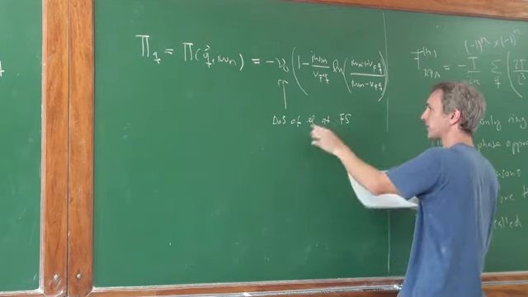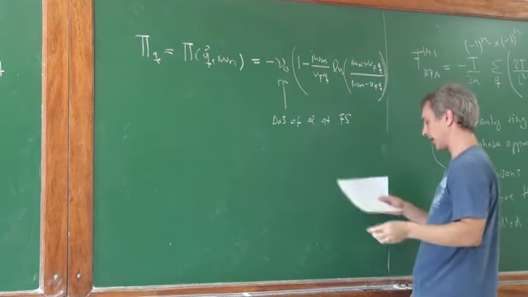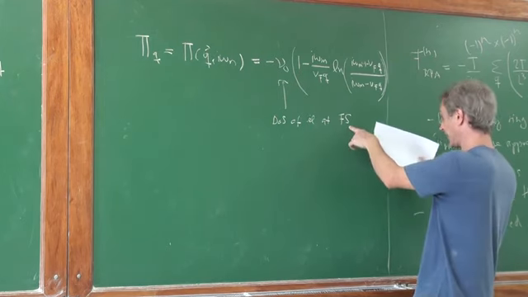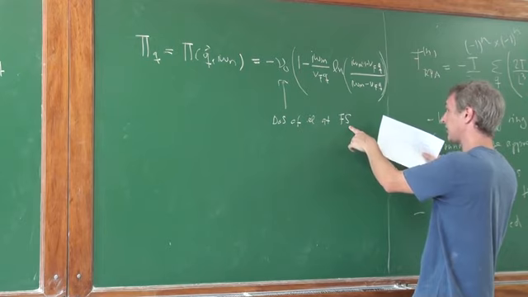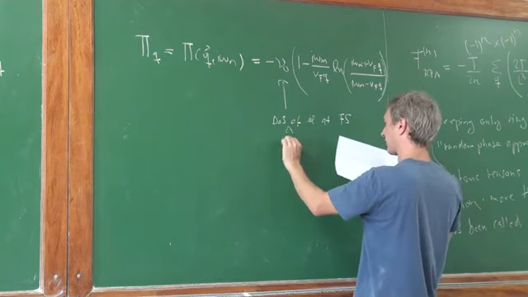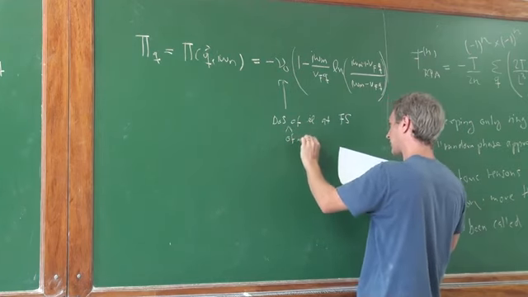So the density of states at energies corresponding to the Fermi energy, and I should be more careful here, it's of the non-interacting electrons.